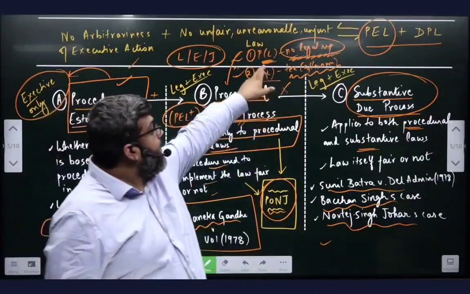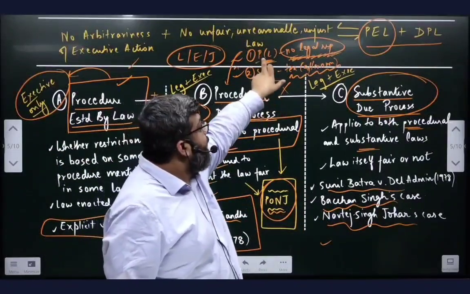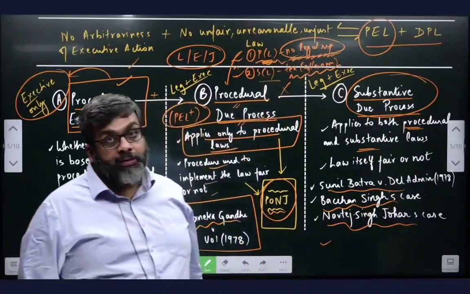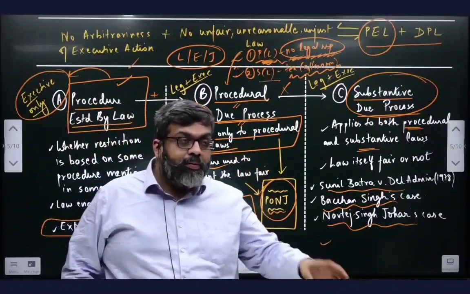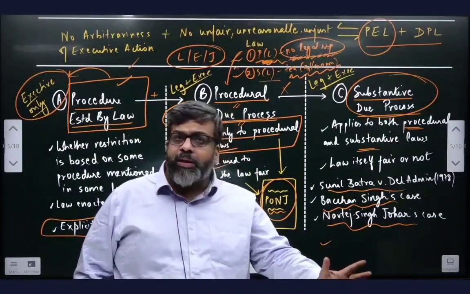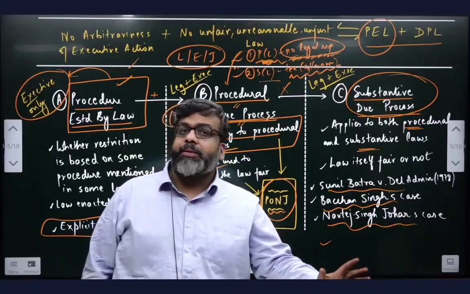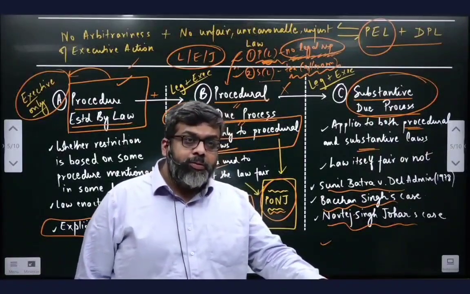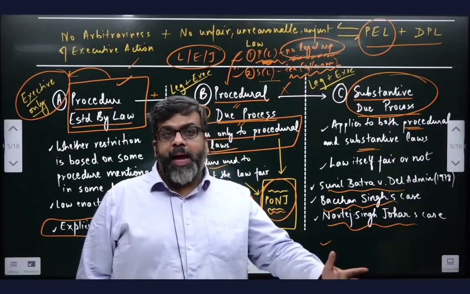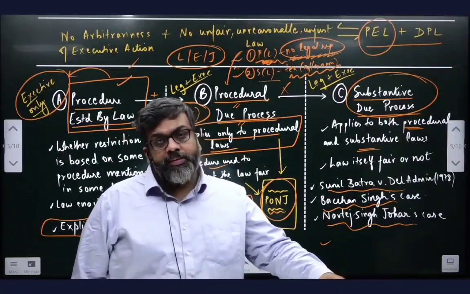It's not about the substantive law, it's about whether the procedure is okay or not. So for example, you're questioning the way the ED would function, or for example, you may want to question the way the CBI would function. You may want to question the way any other intelligence agency would function.